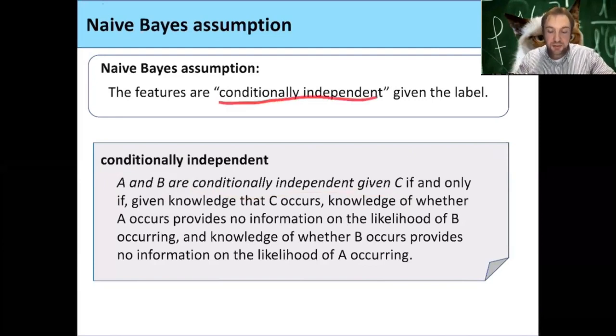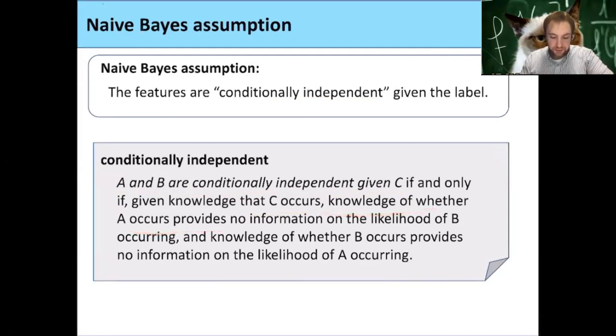But this notion, conditionally independent, is something different. A and B are called conditionally independent given C if the knowledge that C occurs, for example that something is spam, and the knowledge of whether A occurs, doesn't give additional information on the likelihood of B. So if I know an email is spam and it contains the word student, then this doesn't influence the probability that this email also contains the word hello, and also the other way around.